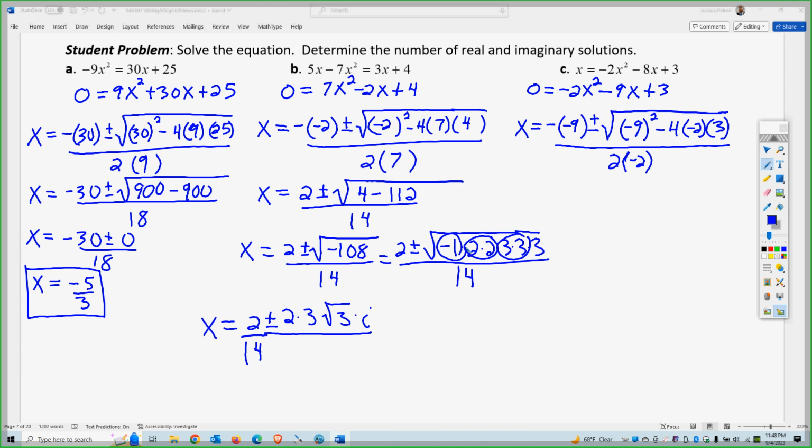So what I really have here is 2 plus or minus 6 root 3i over 14, right? So if I simplify, x is equal to 2 over 14 plus or minus 6 root 3 over 14 and put an i out front.